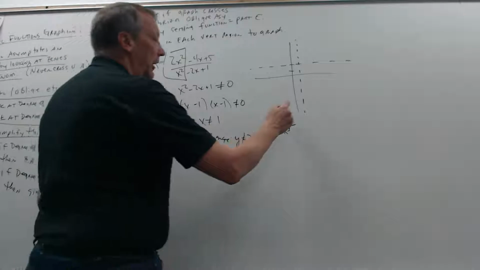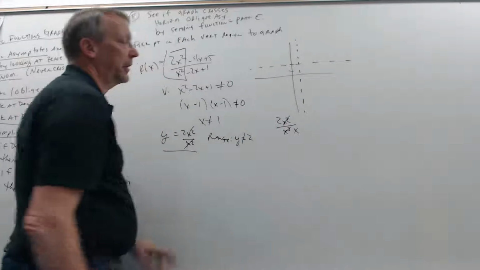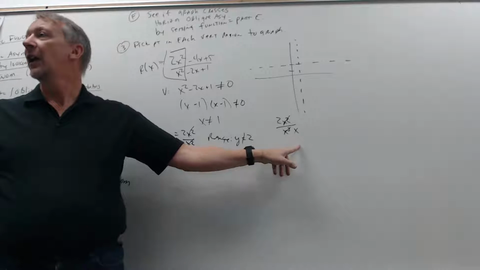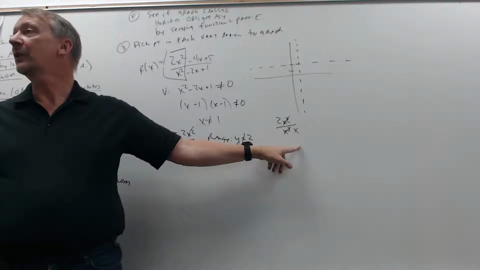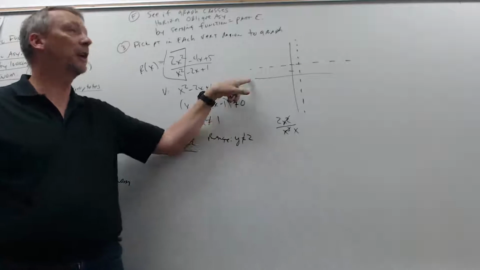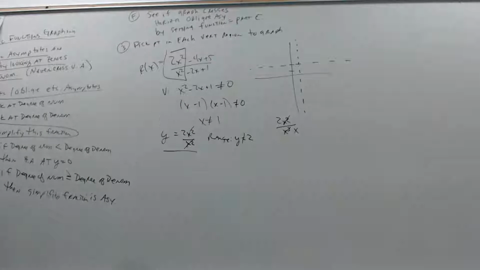Then the x squared cancels and I'm left with an x. That becomes 2 over x. As x gets really big, what does that approach? 0, so that would be on the axis. So if the numerator is less than the denominator, then it will be 0. So that would be this one. Therefore it would be 0.